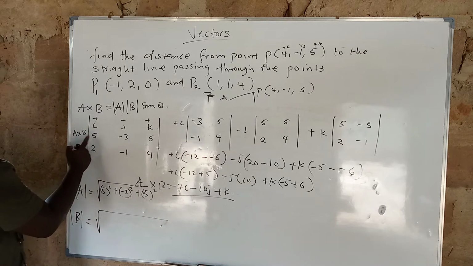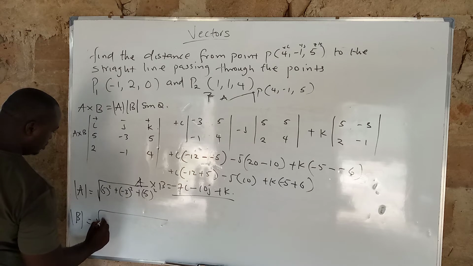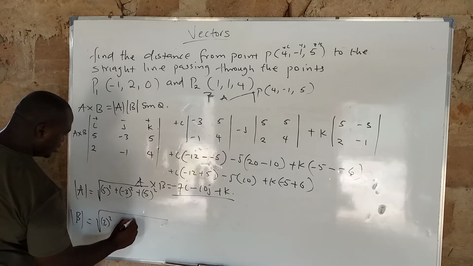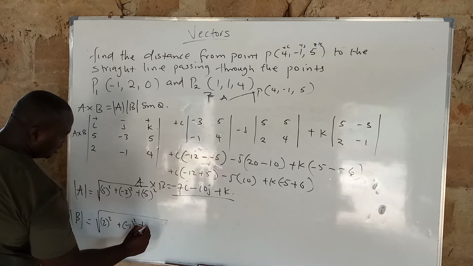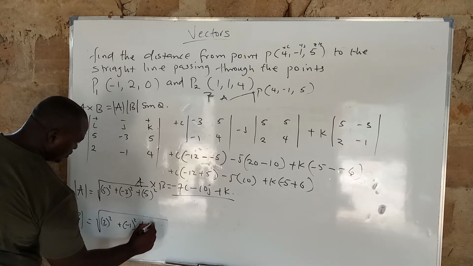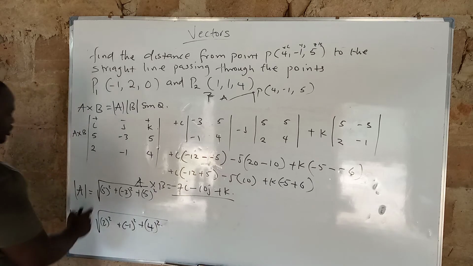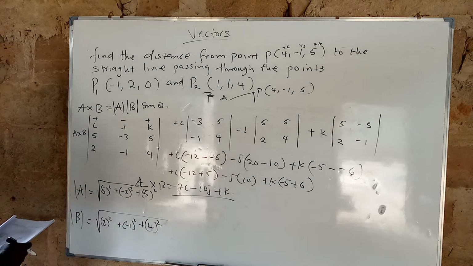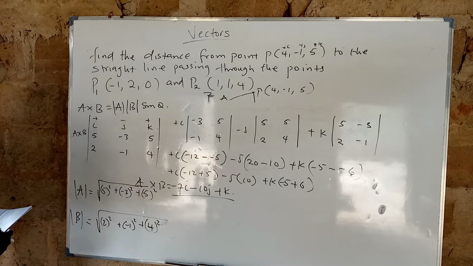Your B magnitude is 2 square plus minus 1 square plus 4 square. So if you press this directly into your calculator, you will get your A magnitude and your B magnitude.